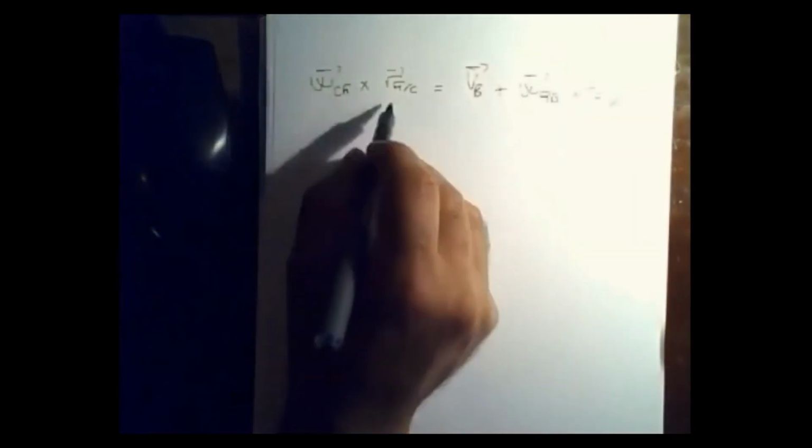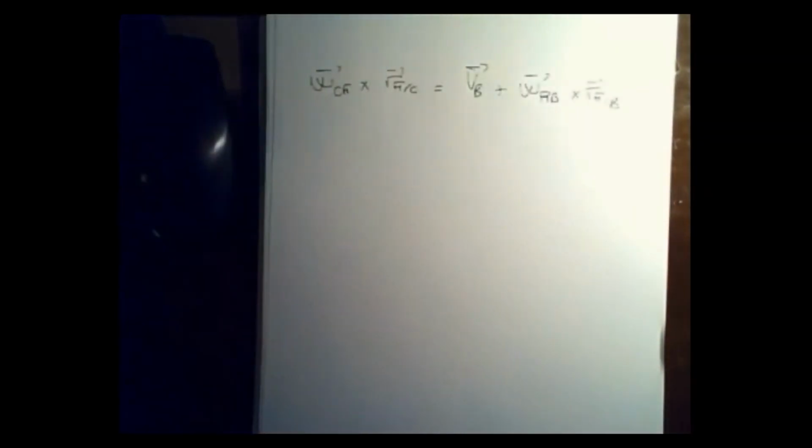So omega CF cross RF with respect to C is equal to... right. So what is RF with respect to C?